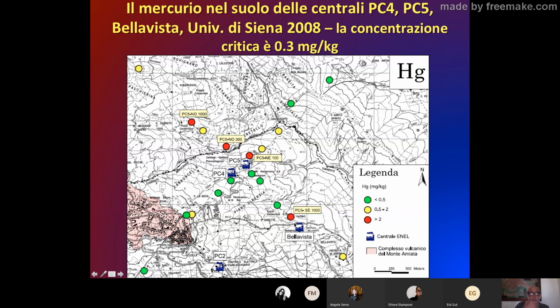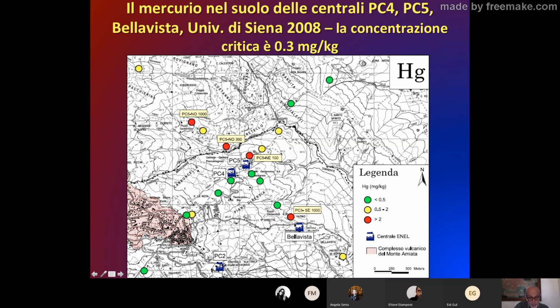So this is actually the mercury in the soil close to the geothermal power plants, measured by the University of Siena. This is the geothermal field of Piancastagnaio. The town of Piancastagnaio is here in the lower left corner.